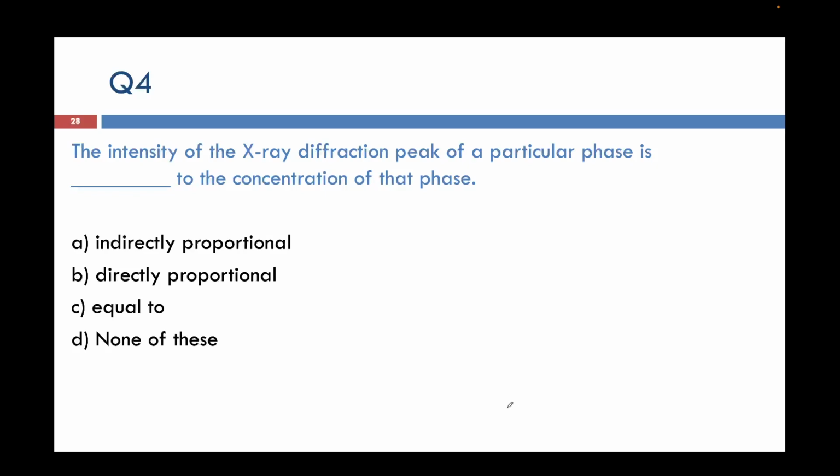Okay, so the next question is: the intensity of the X-ray diffraction peak of a particular phase is ____ to the concentration of that phase, directly proportional or indirectly proportional? So can anyone answer?